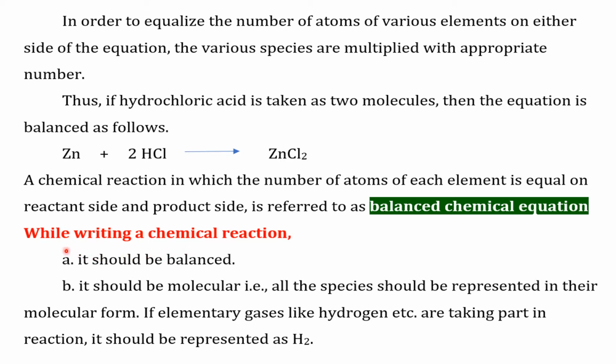While writing a chemical reaction, we have to keep in mind that it should be balanced, and elements like hydrogen, oxygen, etc. should be in their molecular form, that is H2, N2, O2, etc.